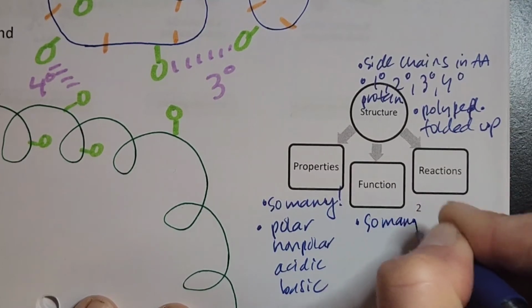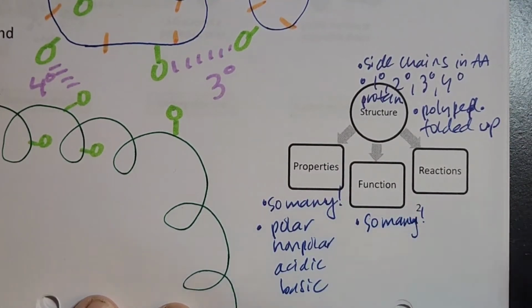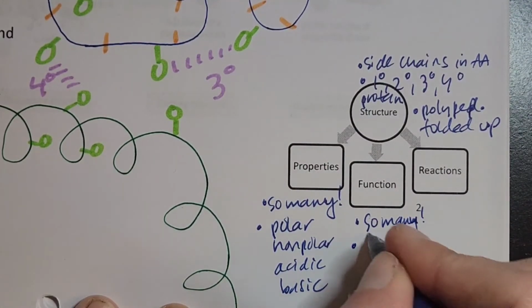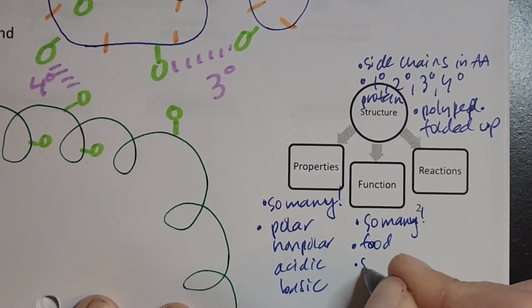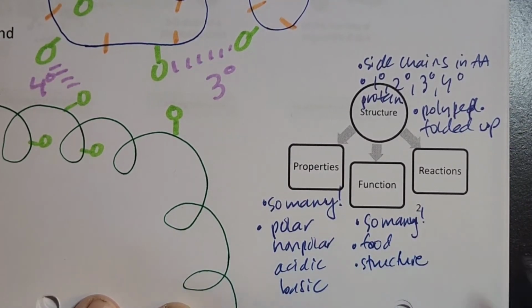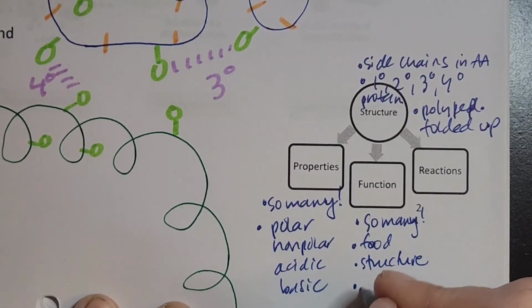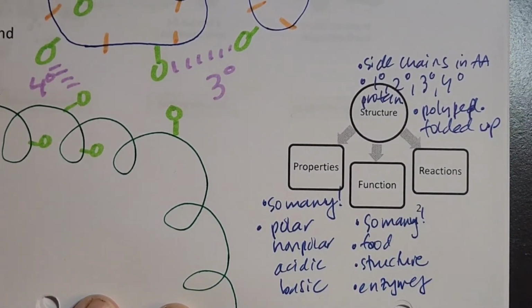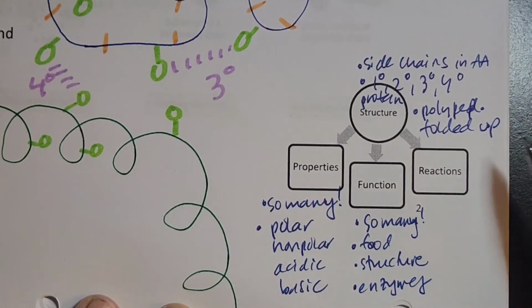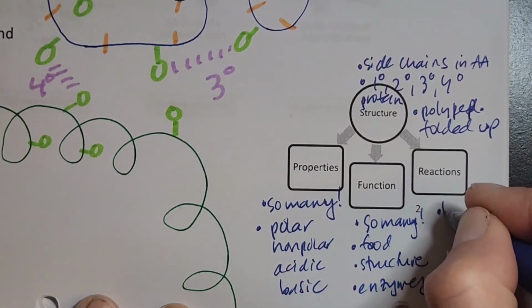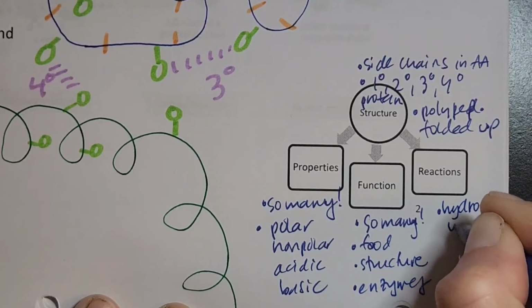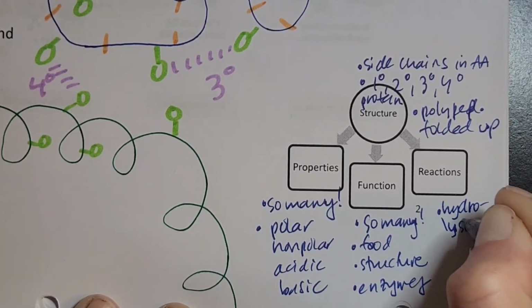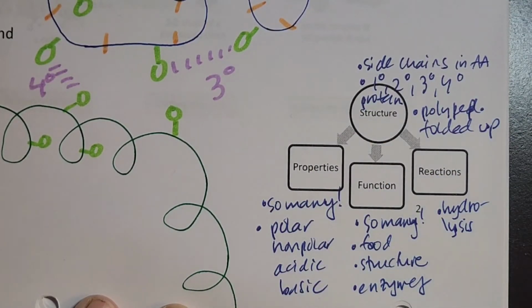So we again have so many of those different functions, but a couple would be for food and also for structure. And we'll see, as one detailed example, we'll be looking at enzymes as one function of our proteins. And then finally, as far as reactions go, the main one that we're going to look at today is going to be hydrolysis. So that gives us a big picture glimpse of what is coming up with our proteins.